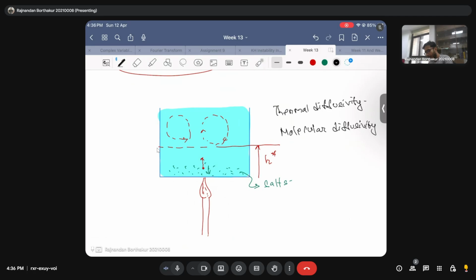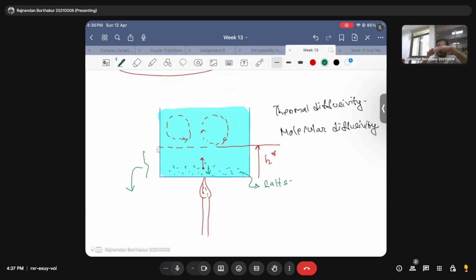And I know that at the bottom, in this region, my molecular diffusivity actually dominates. Okay, it's not actually correct to say that, because the magnitude of thermal diffusivity is very much higher than the magnitude of molecular diffusivity. But at the bottom, since the concentration of salt is more, salt actually stabilizes the system there, even though there is heating.